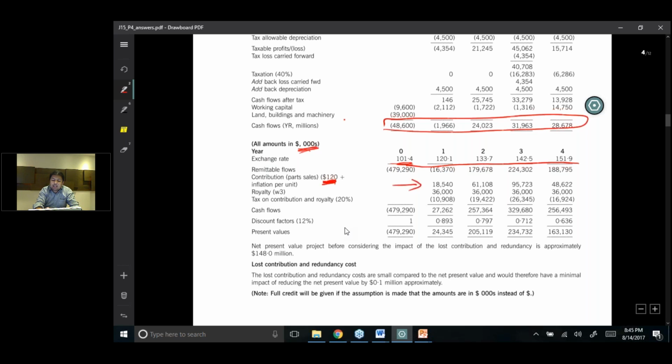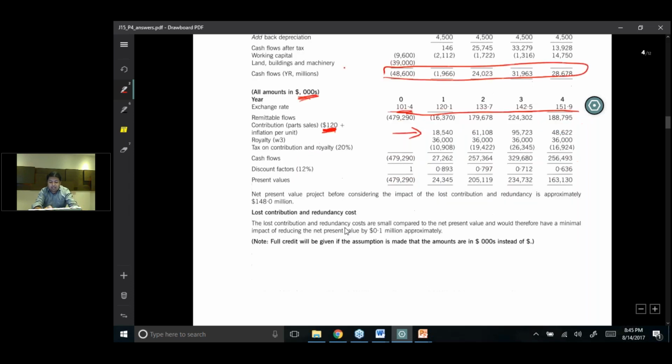That's how you're going to calculate your income here. $120 per unit is your income. Inflate it with the dollar inflation and multiply it with the number of units. It will be like this: units into $120 contribution into 1 plus inflation of every year.